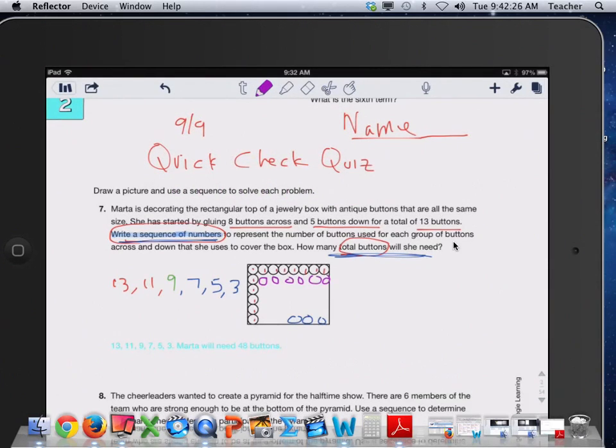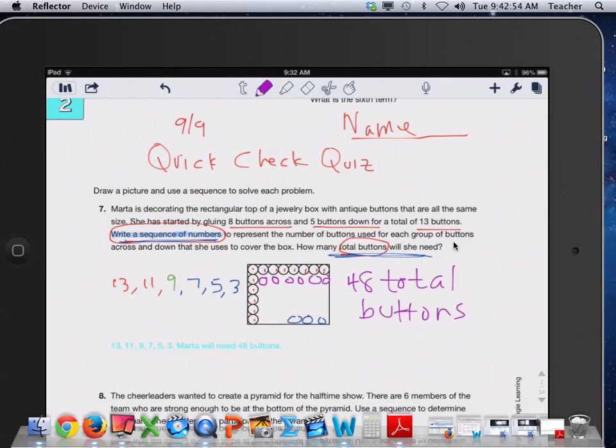There were 48 total buttons. Who has an answer of 48 total buttons also? So they got both the sequence and this right? Then no. Just the total? Then it's a 2 out of 4.